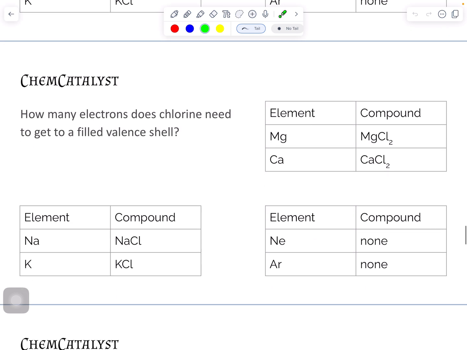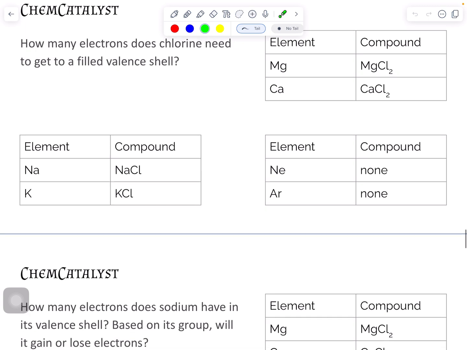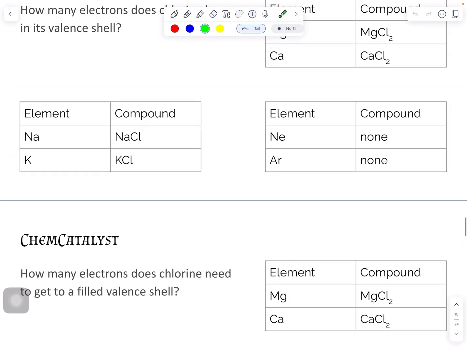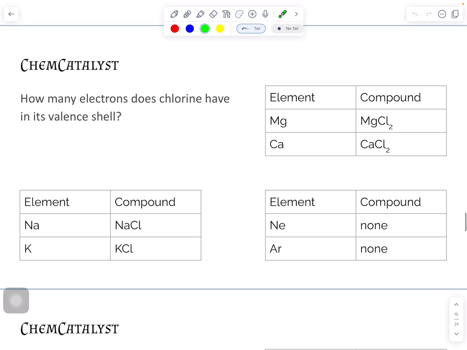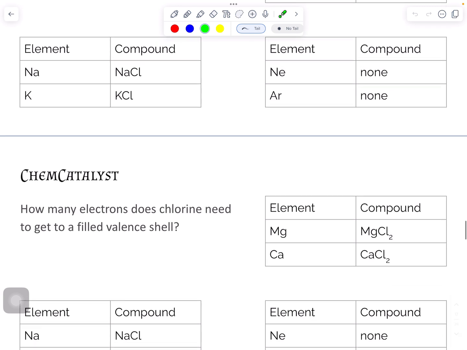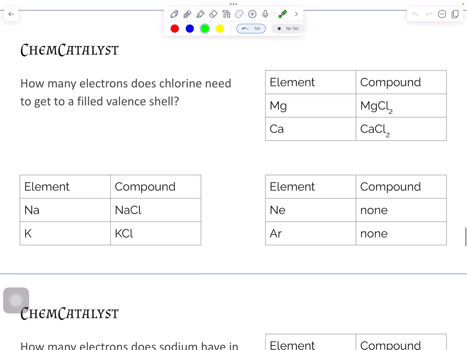And then, based upon what I just told you, how many electrons does chlorine need to get to a filled valence shell? So the answer to those were, chlorine has 7 electrons in its valence shell, and it needs to gain 1 electron in order to get to 8, or a filled valence shell.